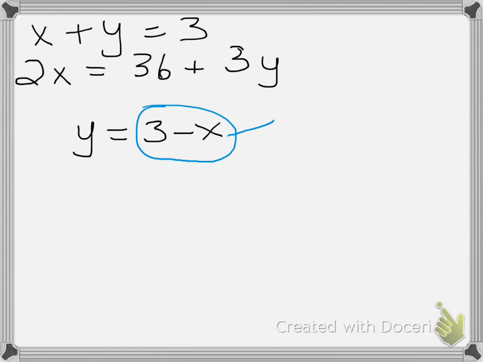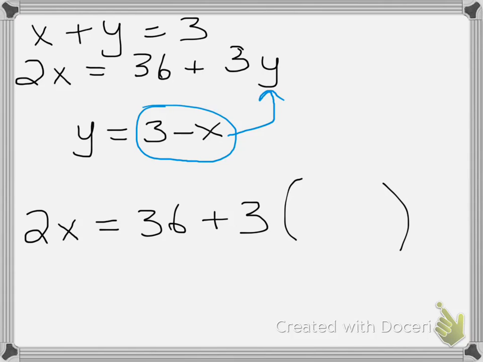And what I can do is substitute it into the second equation where I see y. So as I begin to write my second equation, 2x is equal to 36 plus 3y. Well, what is y? I got the information from the first equation, and I can sub it in right there.